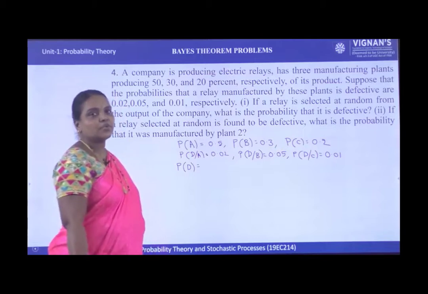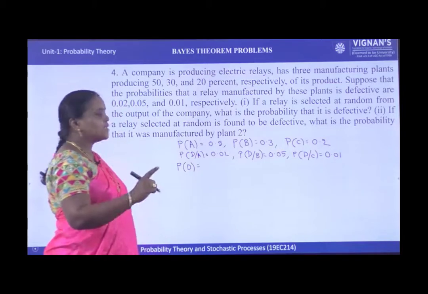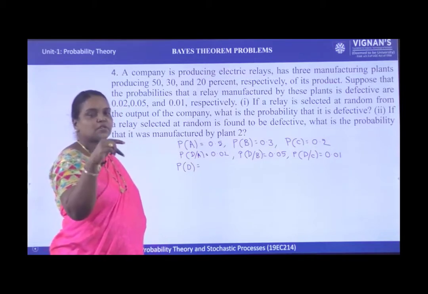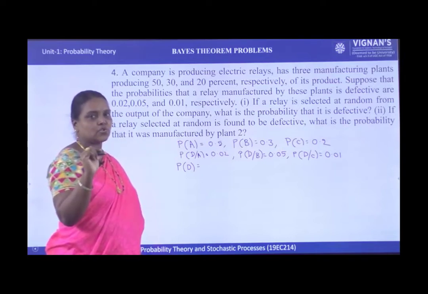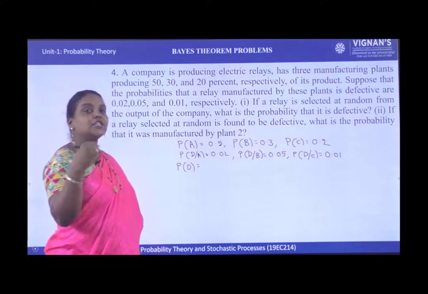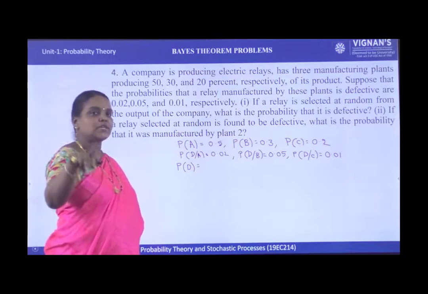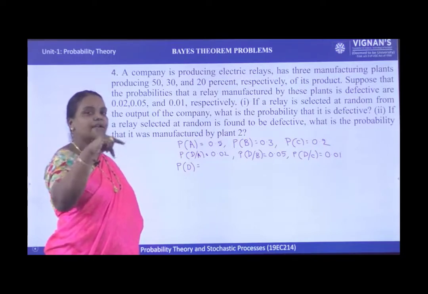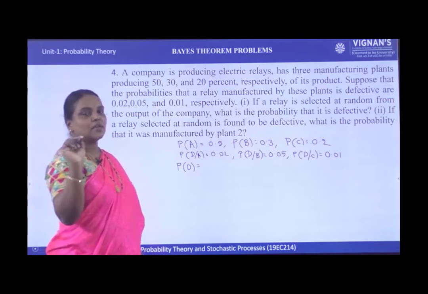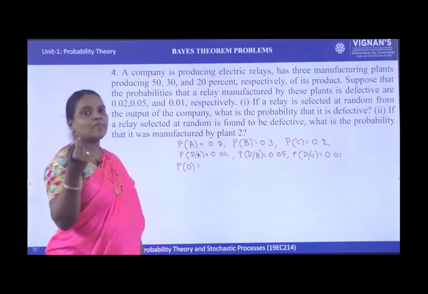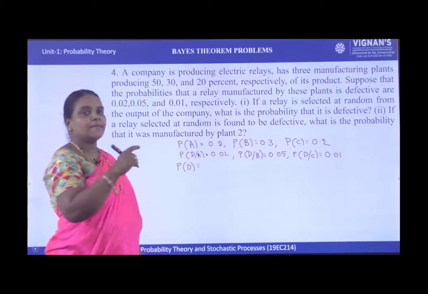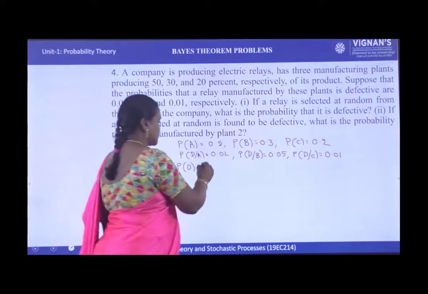So, which theorem you need to apply? Here A, B, C are different company products. So, all are mutually exclusive events and each company is having some defective items. So, defective is another event which is defined on that sample space. So, according to the total probability theorem, you can find the probability of defectiveness.